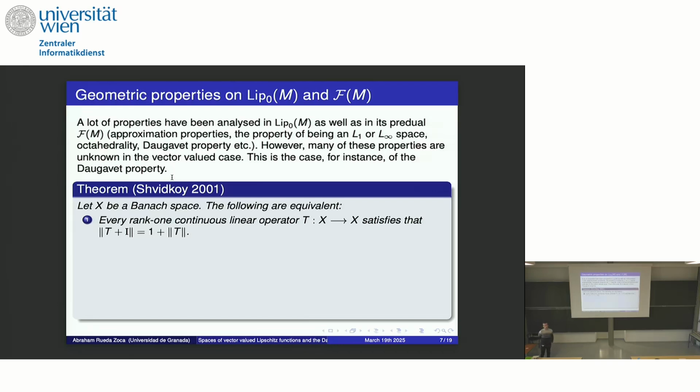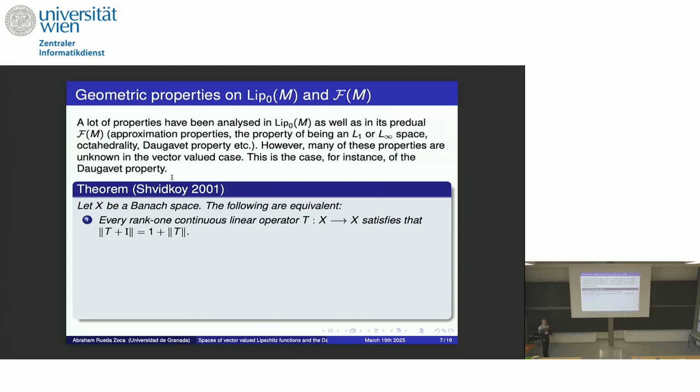It was already introduced by Olaf, but I want to recall once again that, given a Banach space X, it is equivalent that every rank 1 continuous operator from X to itself satisfies that the norm of T plus identity equals 1 plus the norm of T. This is the original formulation that came from Ivan Daugavet's paper of 1963, where he proved that in the space of continuous functions on [0,1], every compact operator from C[0,1] into itself satisfies this Daugavet equation.